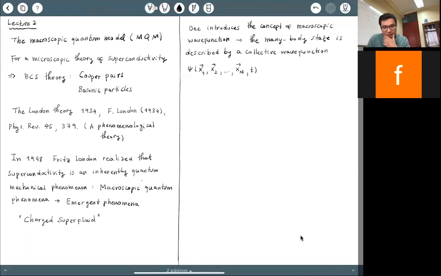Okay, so the proposal is that this function here corresponds to the wave function of a single Cooper pair, but then we have a product state, something like this.